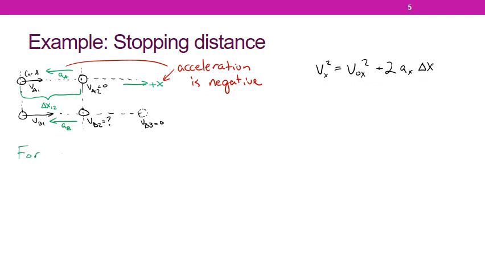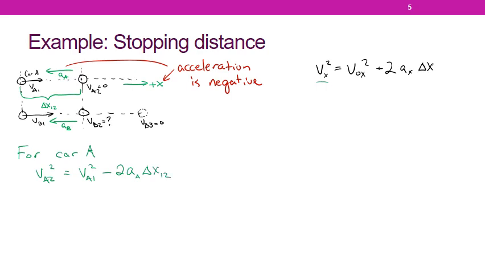So for car A, my final velocity, that's going to be VA2 squared equals VA1 squared minus 2 times my acceleration, which was AA, times delta x12. And there's my equation.